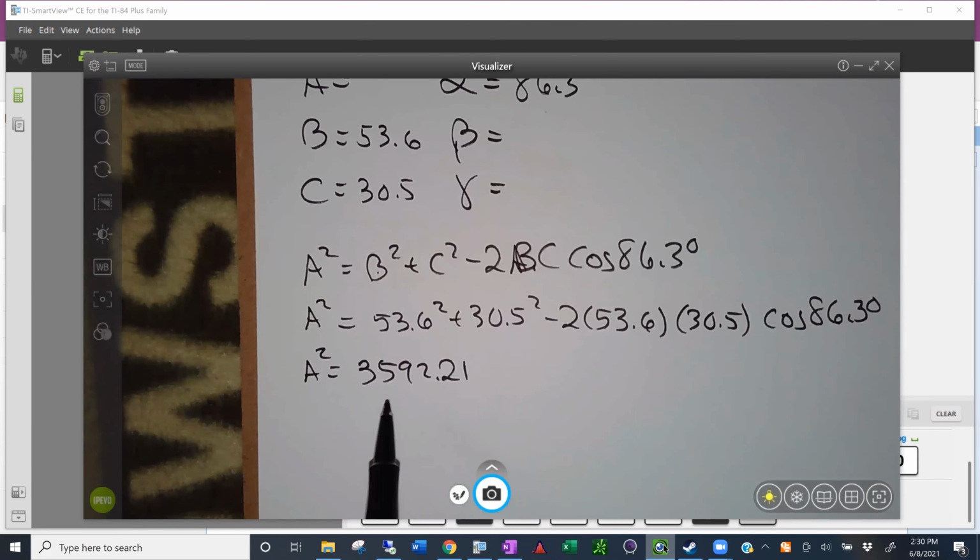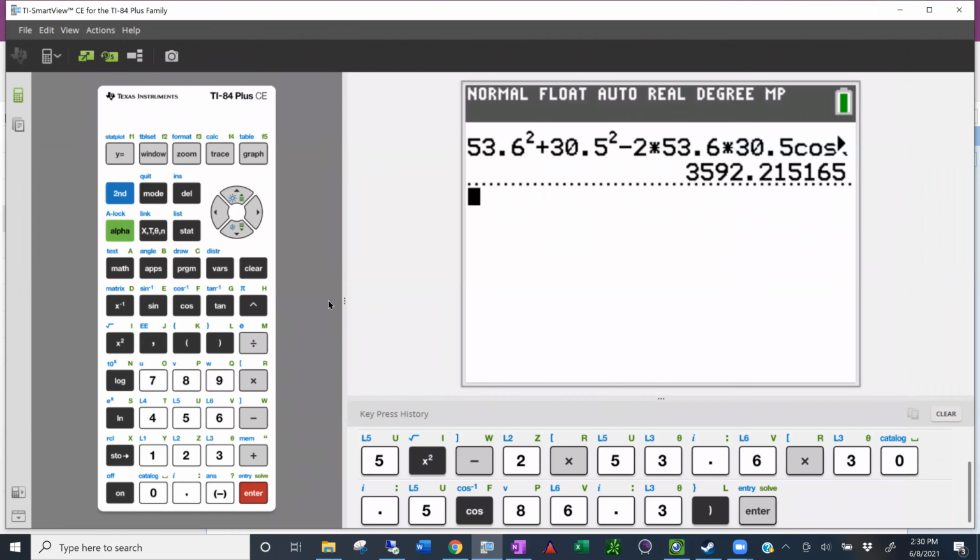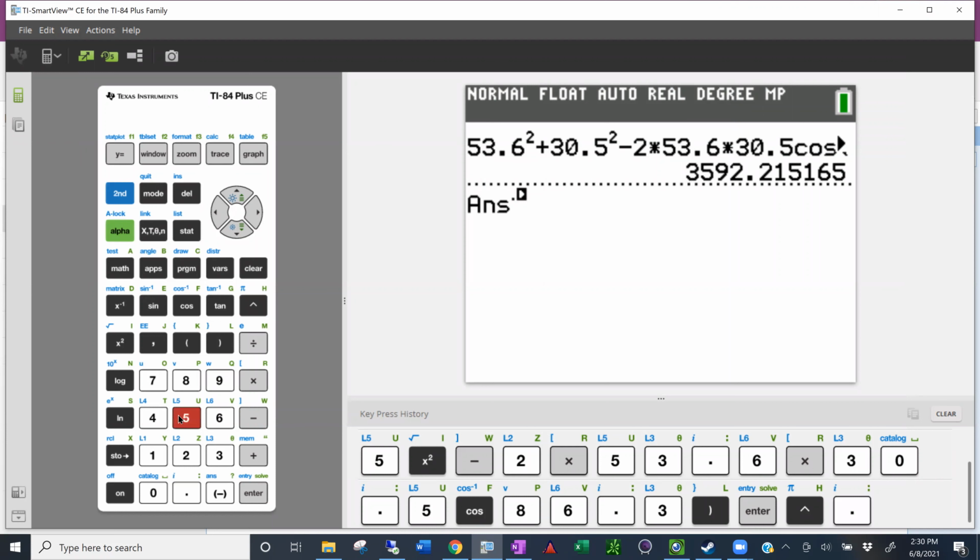What do we need to do to solve for A? Well, we need to take the square root. The fastest way I can think of to do the square root on the calculator is to hit the up arrow key right here and raise it to the 1/2 power. Something to the 1/2 power is a square root. So that's going to take this answer and then take its square root.